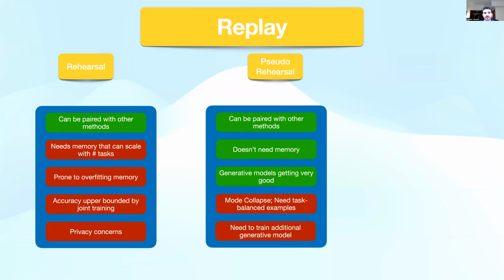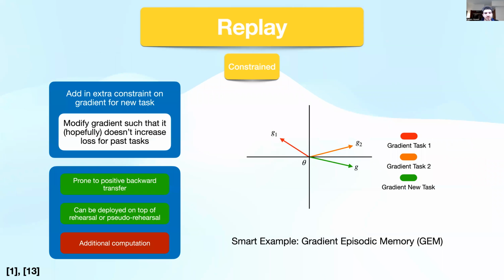There's also this class called constrained methods. It's essentially replay, or rehearsal, where you have your old values. And what you want to do is consider all of those examples in your memory. You push them through your new network, and you want to take a gradient update that doesn't work against any of the gradients for any of the examples.